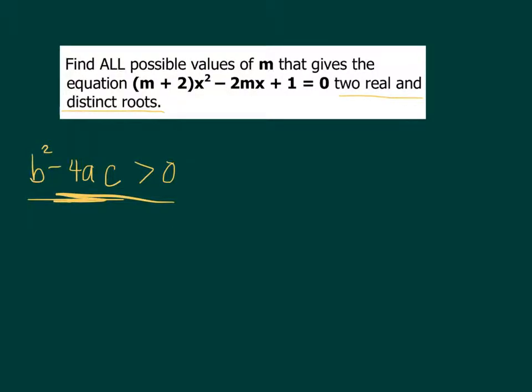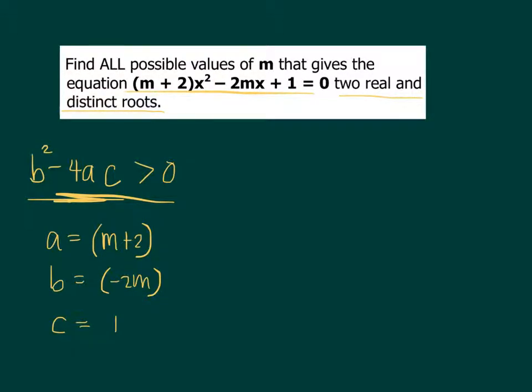So how do we move on from this idea? Creating b squared minus 4ac depends on a, b, and c. Looking at the given equation, our a is the expression m plus 2, our b is negative 2m, and our c is equal to 1.